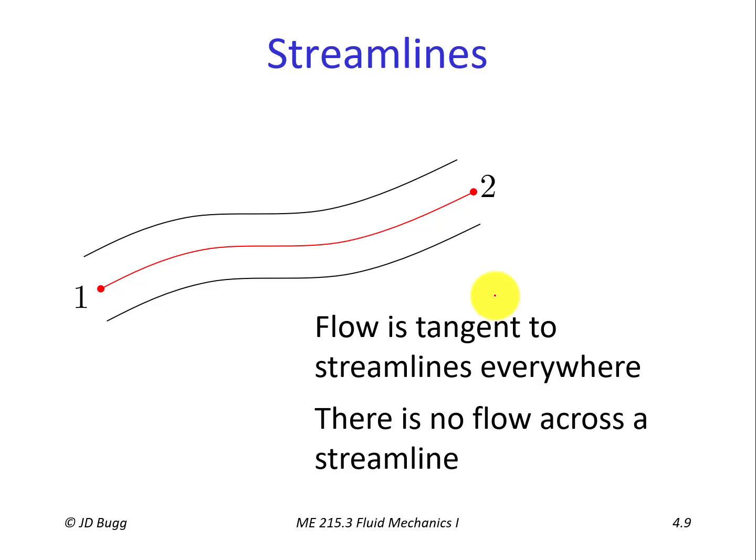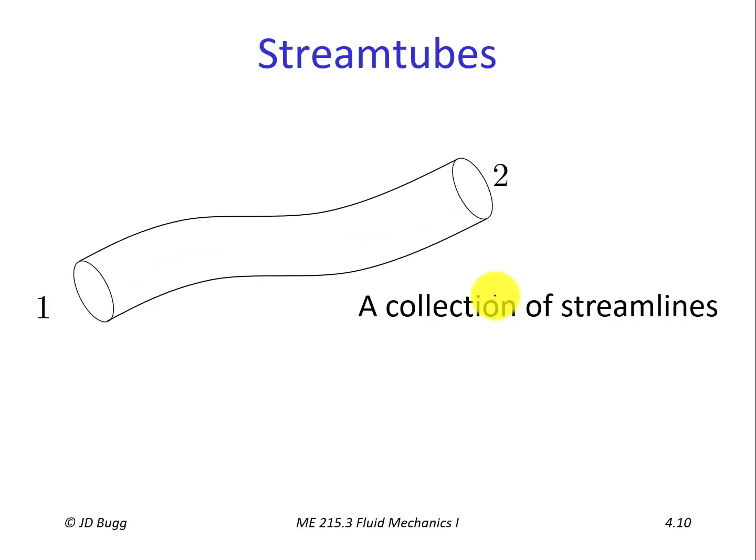So that introduces the idea of a stream tube. A stream tube is a collection of streamlines. I've shown here a stream tube that goes from one point in the flow to a second point in the flow, so it's flowing from 1 to 2. Now, exactly what this velocity field looks like doesn't matter. The flow is wandering along from left to right and up a little bit in this view.